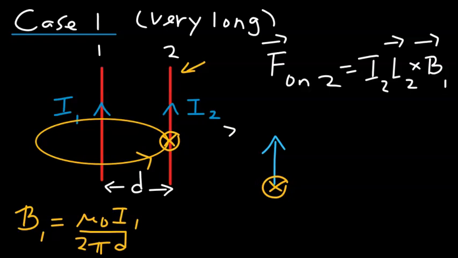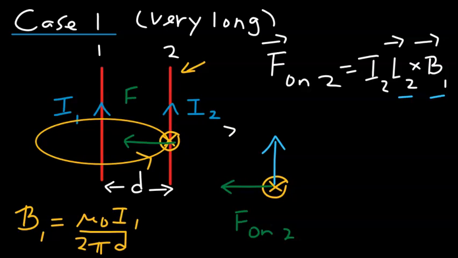cross into the magnetic field produced by current I1. So the direction of vector L2 follows the direction of current I2, and the magnetic field due to current I1 is given by that. Making a cross product will give you the direction like that for the force on conductor 2. So conductor 2 would experience a magnetic force towards conductor 1, like that.